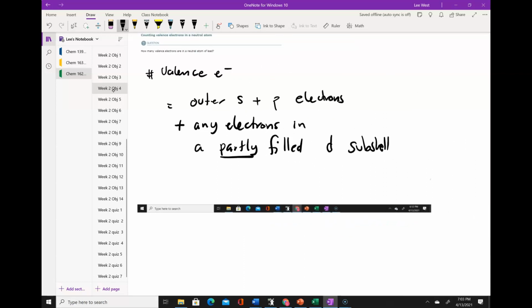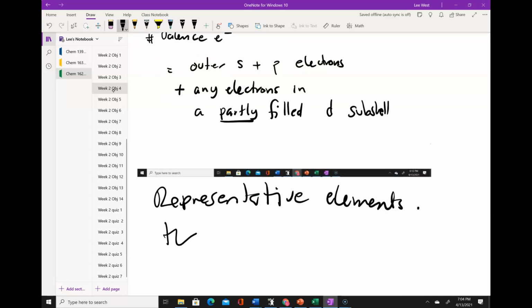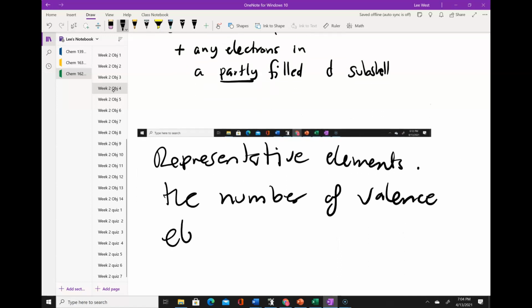Now for the representative elements, those are the ones that are in an A group. The number of valence electrons, and you know this hopefully from your chemistry 139 class, is just equal to the group number.